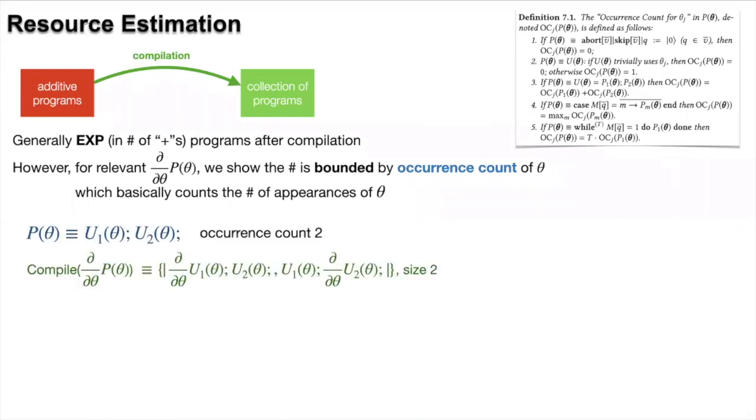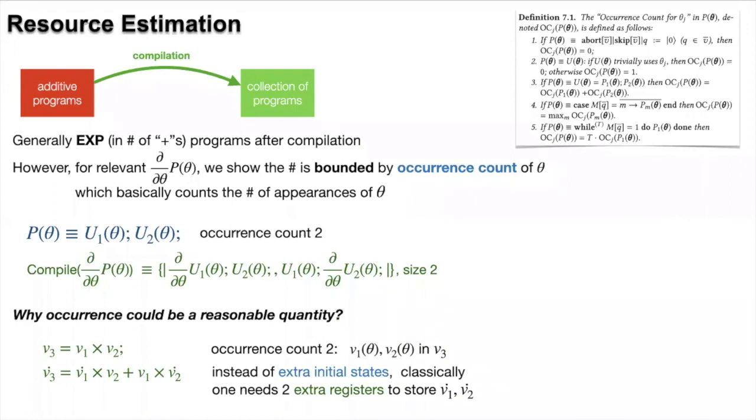For example, let's consider P(theta) to be U1(theta), U2(theta). You have theta appearing in both U1 and U2, so the occurrence count is 2. As we've seen before, its compilation will give you a collection of also size 2. One question here is why occurrence count could be a reasonable quantity. To see that, we need to think about the classical example, V3 equals V1 times V2. By our definition, V3 has occurrence count 2 of theta.